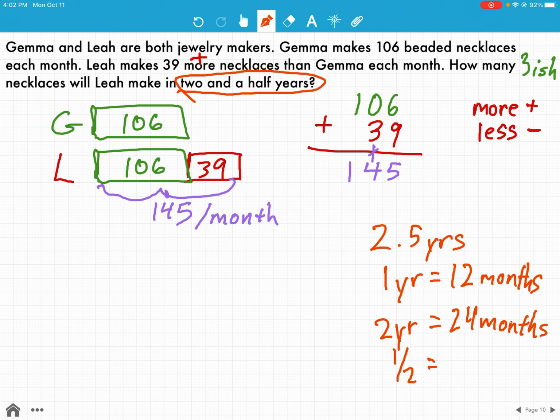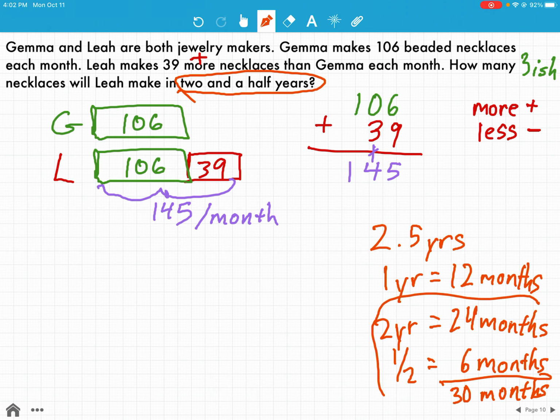And a half a year is equal to 6 months. So I have a total of 30 months, because 2.5 years is how many it says we have.